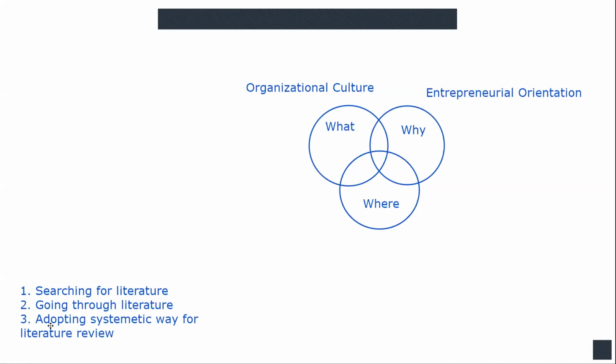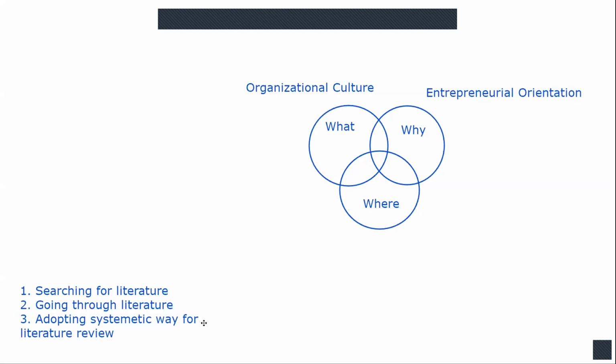And the third one is adopting a systematic way for literature. This is the one which helps you put everything in a very systematic manner, so that you should be able to find it while writing the research paper, or writing the literature review later on.